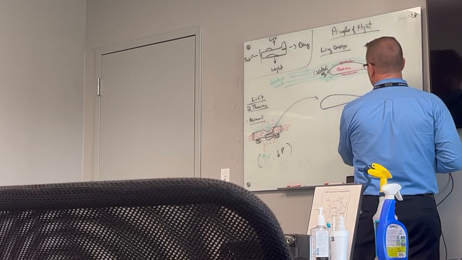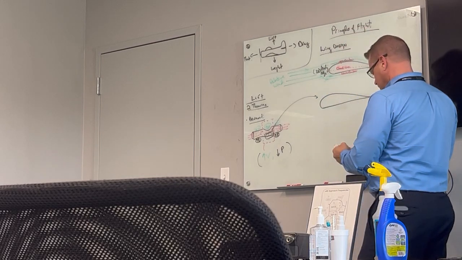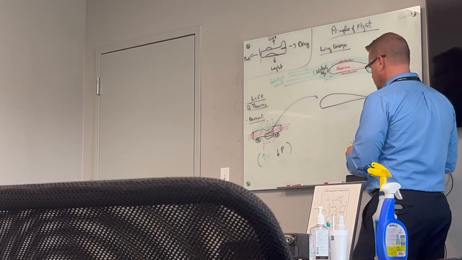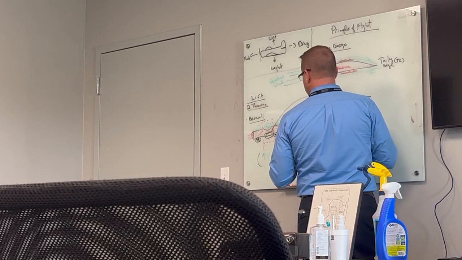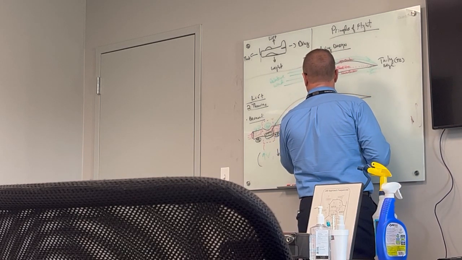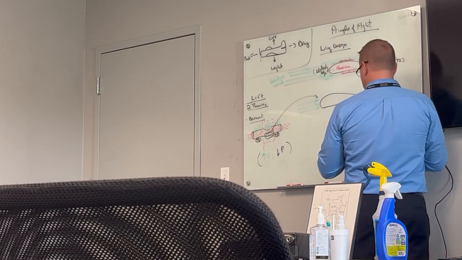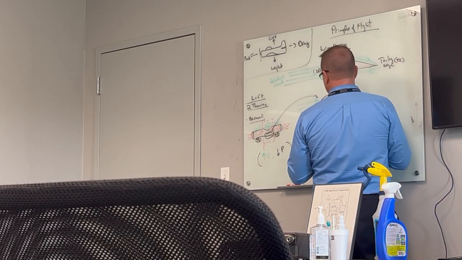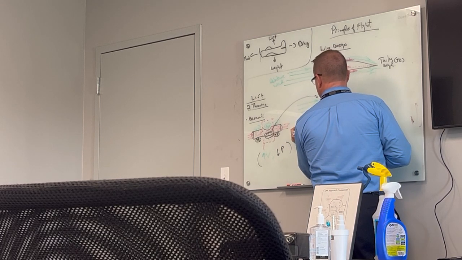Okay. And so we have that air, which is also a fluid. Air acts as a fluid. Coming in and hitting our wing. We have a point right here on the front of the wing, called a stagnation point.